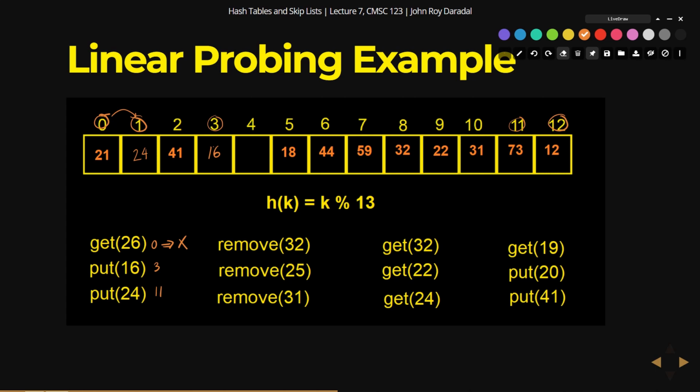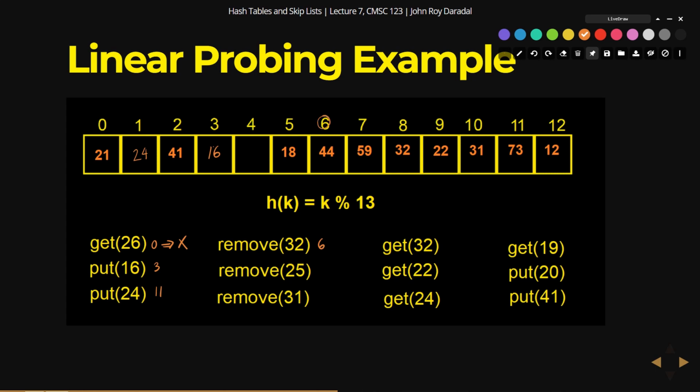Okay. Next, how about removal? For remove 32, so 32 modulo 13 is 6, right? Index 6. So we start at index 6. Okay, so let me erase the extra markings first. Okay, so we start at index 6.